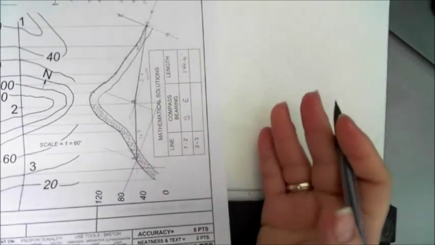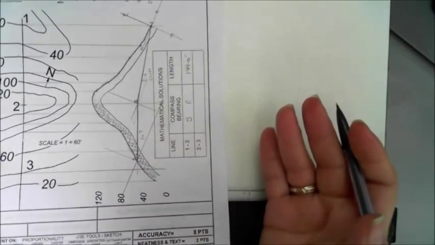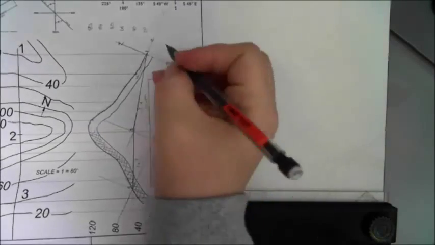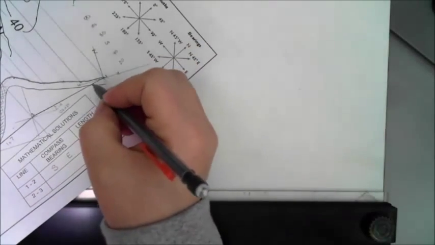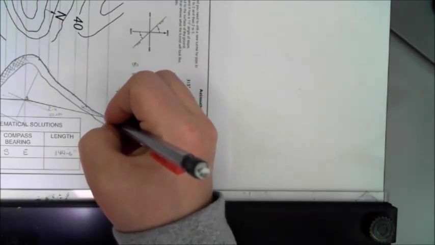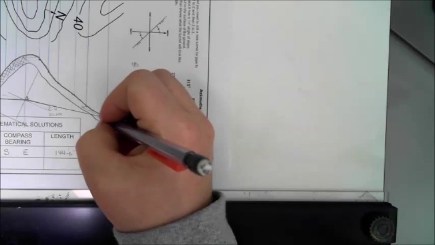And then I need to find my angle. How do I do that? Can you think back to the previous one that we did? So we used our compass again, so we did all here. We know that this is our angle we're working with. So let's find what distance is the angle going.